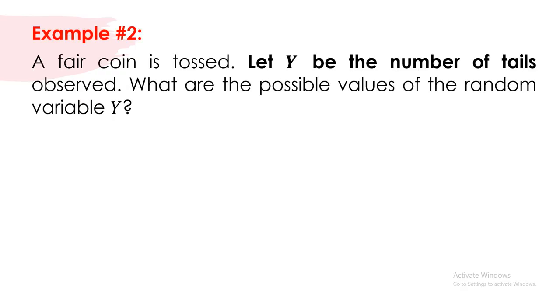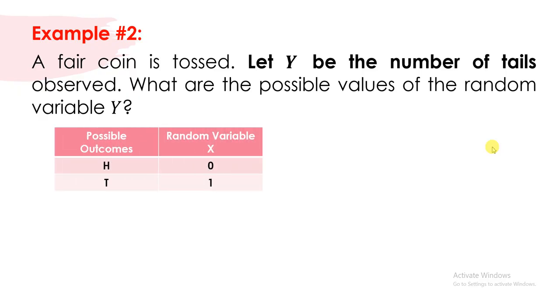Okay, let's have another example. A fair coin is tossed, and let y be the number of tails observed. What are the possible values of the random variable y? Here, we only have one coin, and we know that the sample space for one coin is 2. The possible outcomes are head and tail. The y, which is the random variable, will represent the number of tails.